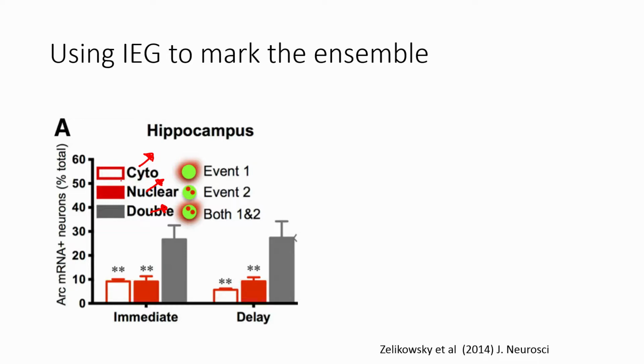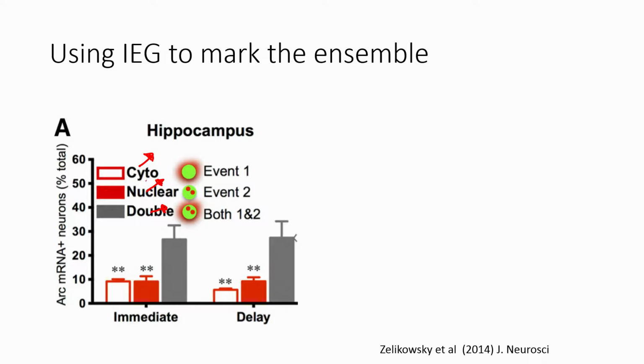These guys, because the nucleus is clear, nothing has happened just before the brain was extracted. So, things must have happened. The ARC mRNA that you see here must be because of something that happened quite before the extraction process, 20 minutes before.